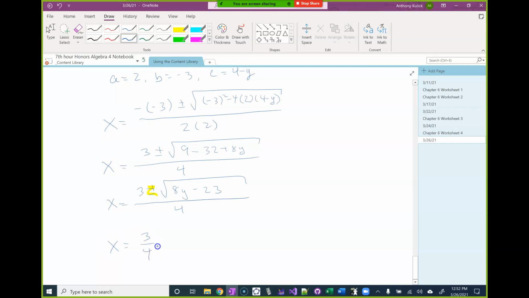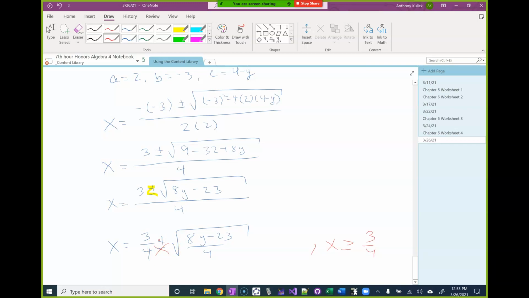Again, I know anything coming out of a square root must be positive, and I know that x has to be greater than or equal to 3/4. That's what we spent the beginning of this problem doing. So what can that allow me to do? Drop the minus from the plus or minus. Oh, that's nice. And then I'll just swap my x's and y's.